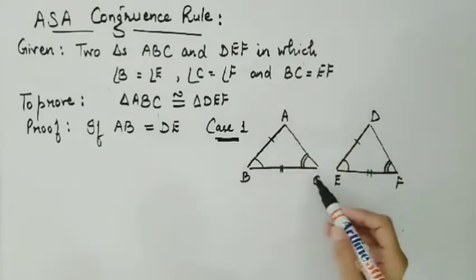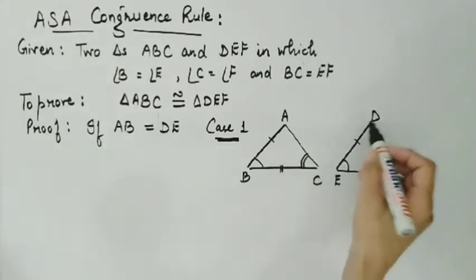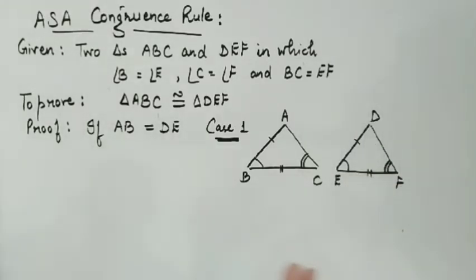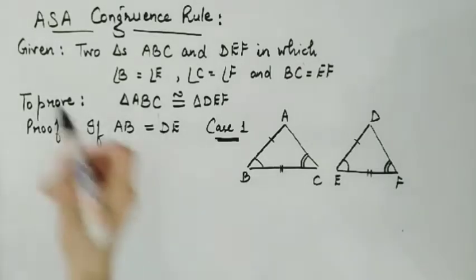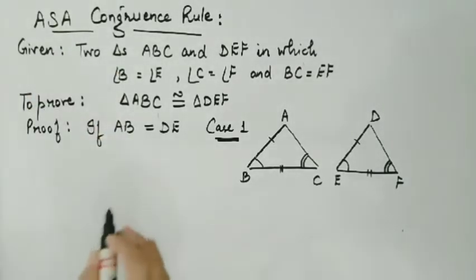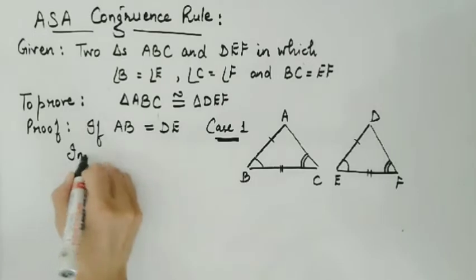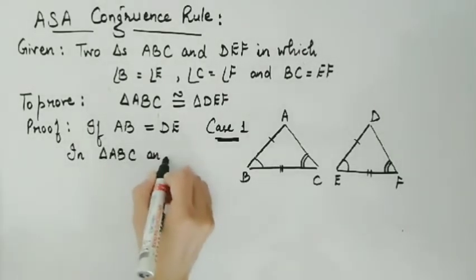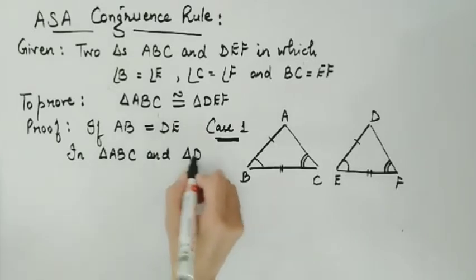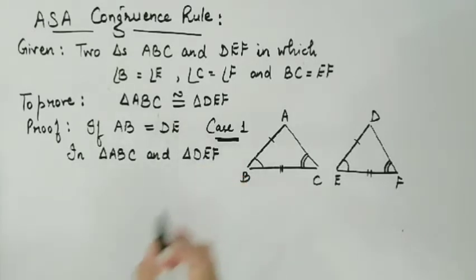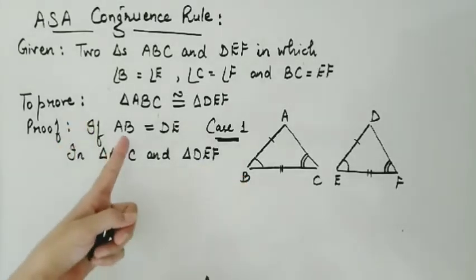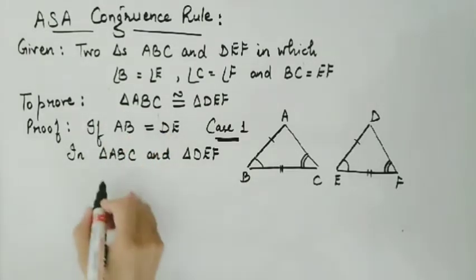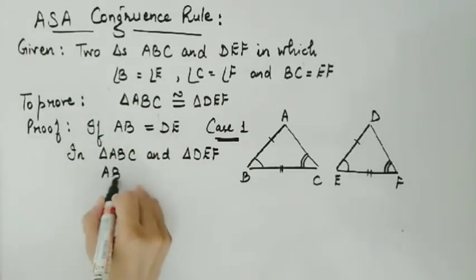Check out these two triangles ABC and DEF. Can we say that they are congruent by applying any rule other than ASA? Let's see. In triangle ABC and triangle DEF, since we are given that AB is equal to DE, that would be your first matching part.